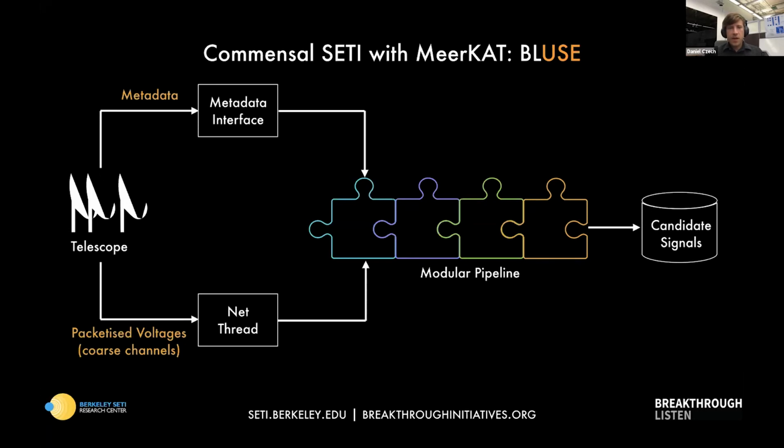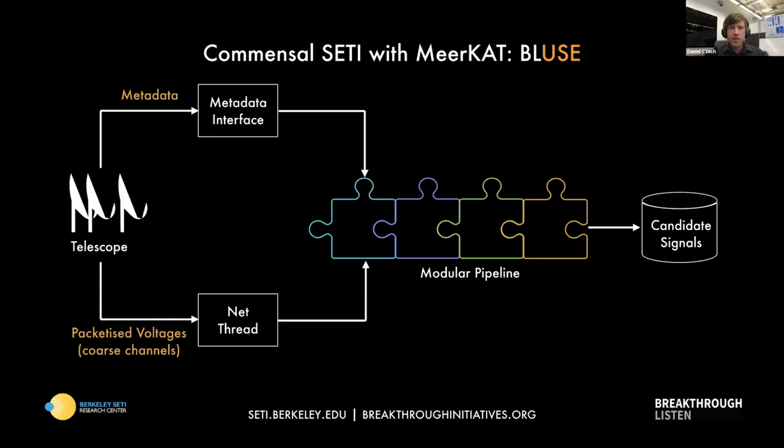This data rate is so high that we will not be able to store all the data that we receive. Instead, we'll have an online pipeline that can operate in near real time or real time and detect signals of interest and triage them in terms of interest and save them in so-called postage stamp regions.